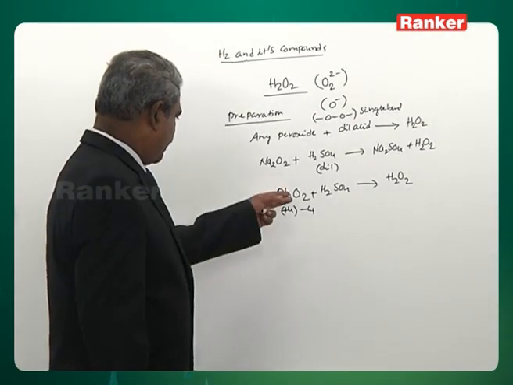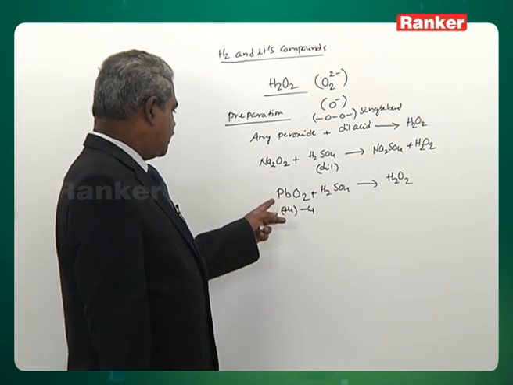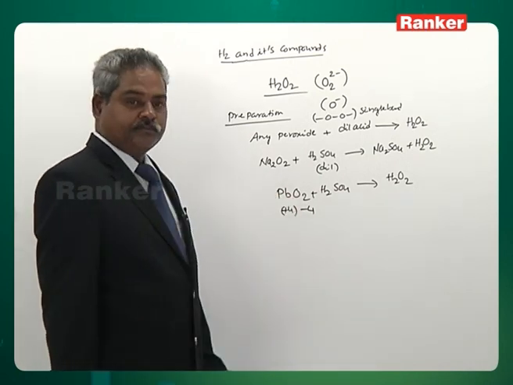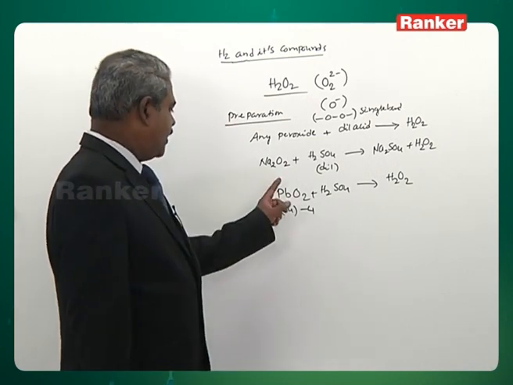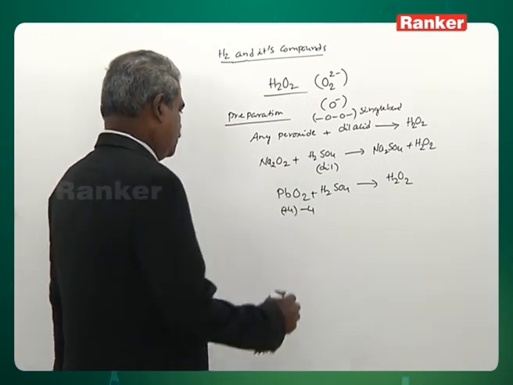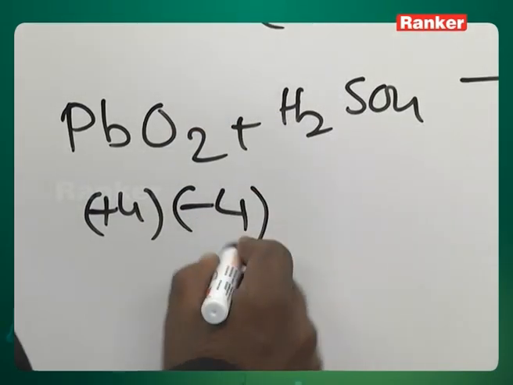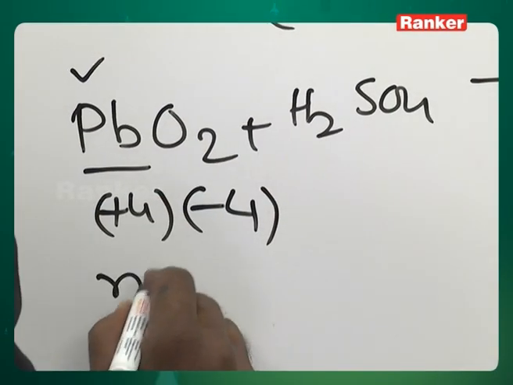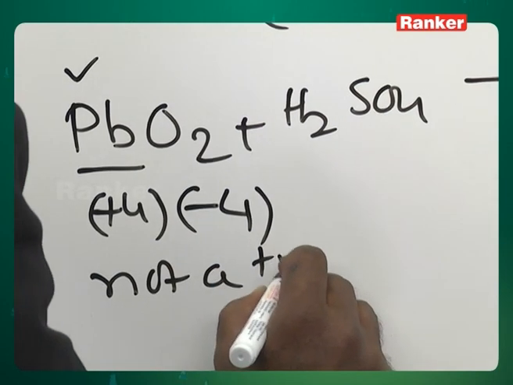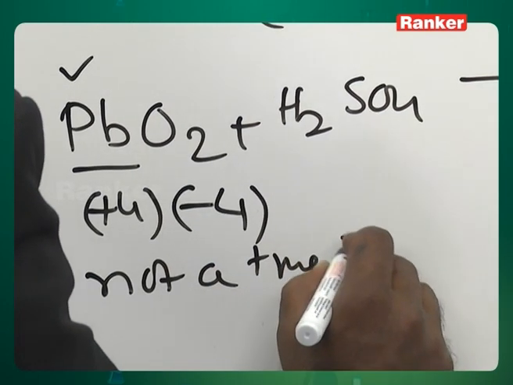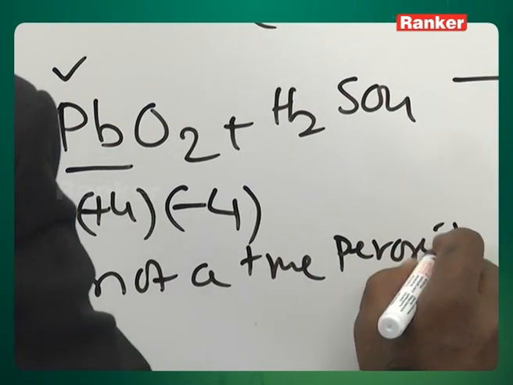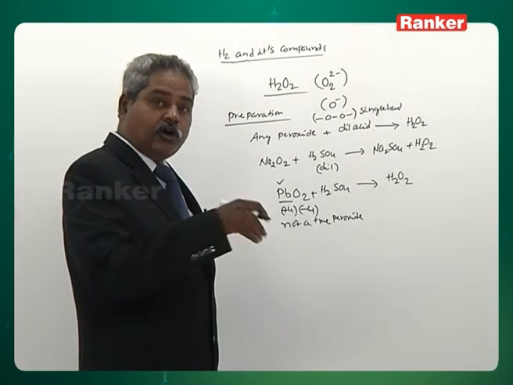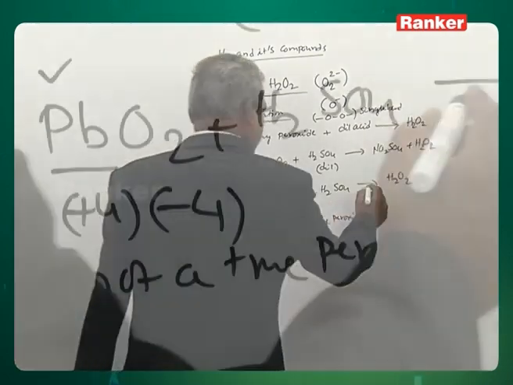Oxygen is minus 2 here because lead does not mind allowing oxygen to be minus 2. Even if it is minus 2, lead can still take plus 2. Therefore, not a true peroxide. Earlier it was called lead peroxide, though it is not a peroxide. Therefore, you don't get H2O2.